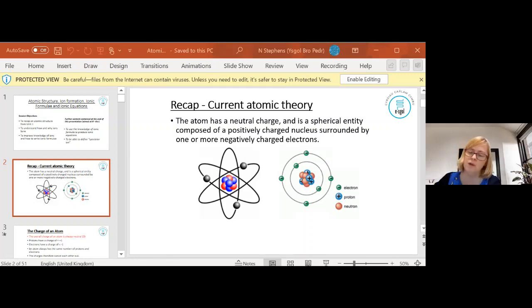You can't fit any more than 2 electrons into that first shell. The second shell can hold up to 8 electrons, and we assume for GCSE purposes that that extension of 8 will be enough to carry you through the initial first 20 elements, which is the maximum you're meant to know for GCSE. So we assume 2 in the first shell, 8 in every shell afterwards.